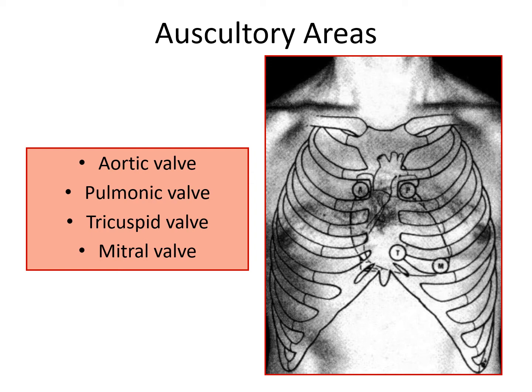It is the fifth intercostal space at the midclavicular line. That is where you're going to hear any mitral regurgitation or mitral stenosis. Any murmur of the mitral valve would be heard here. Yes, you should learn this information. So make sure you learn that.